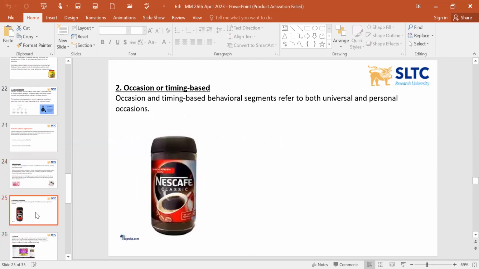And then number two, occasion or time based. I will explain this to you. Occasion and time based behavioral segmentation refers to both universal and personal occasions. So, what kind of occasions do consumers go through? If you look at, for example, a biscuit portfolio, for example, in the Sri Lankan market, we have Marie biscuits, chocolate biscuits, lemon puff, Nice, ginger nuts.